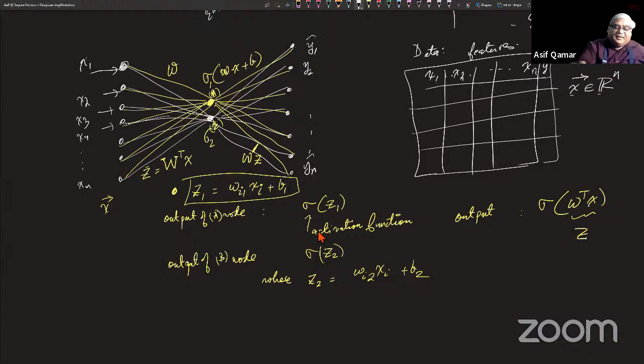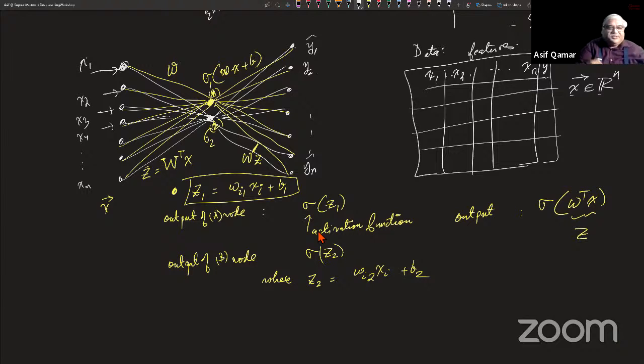So let's think through what will be the output here. If you think of these nodes as your standard softmax, or you can just think of it as straightforward without any activation, then these are straightforward values.